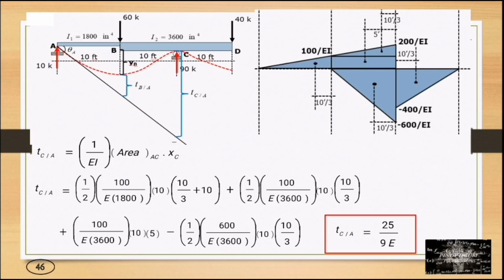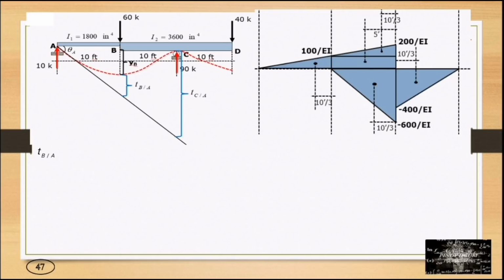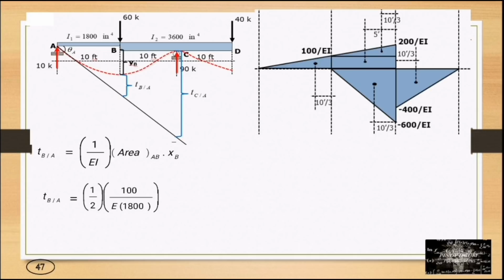Okay? For the deviation of point B from the tangent drawn at A, TBA is equal to 1 over EI multiplied by the area of the moment diagram between A and B times the X bar B. So our TBA is equal to 1/2 times 100 over EI times 1,800 times 10 times the centroid, 10 over 3.